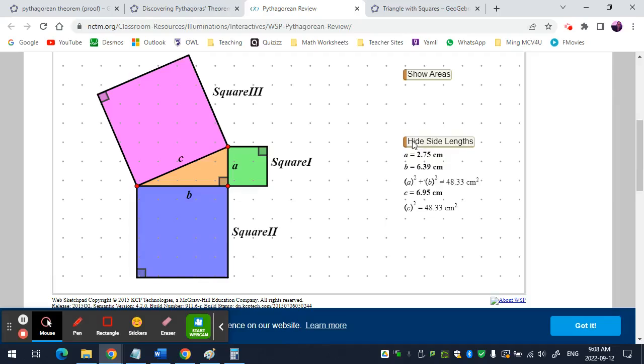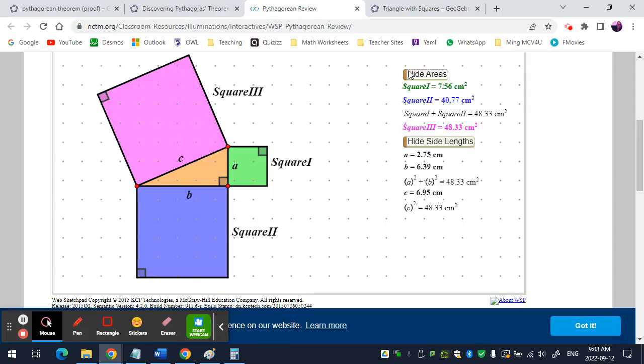C is 6.95. Guess what? If you square C, you'll also get the exact same answer, which is basically telling you that the areas add up to the same thing. Square 1, which is the green one, has an area of 7.56. Length times width. Square 2 has an area of 47.7. Length times width.